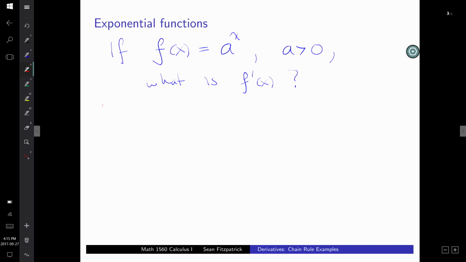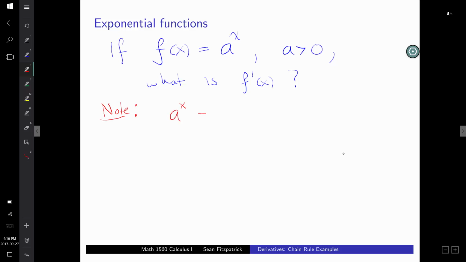So what we have to do is make an observation. I don't know anything about exponents to other bases, but I know everything I need to know about the natural exponential and the natural log. And I also know that the natural exponential and the natural log are inverses of each other. So I can do this.